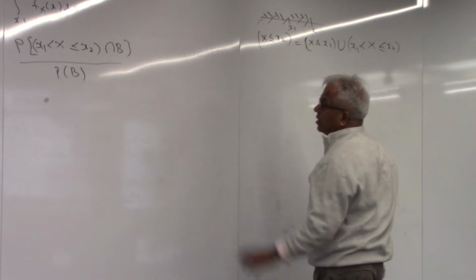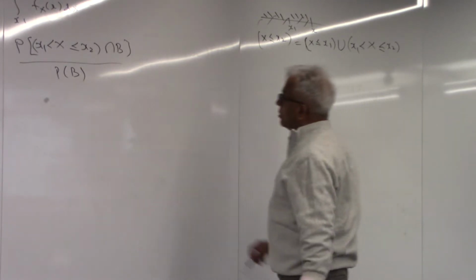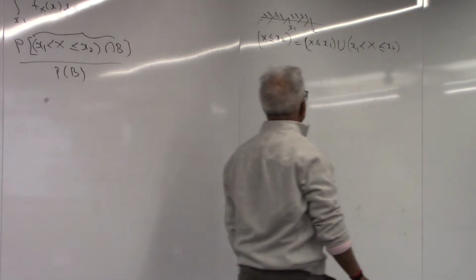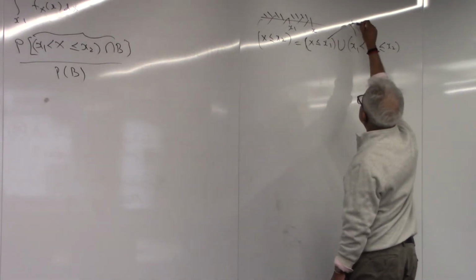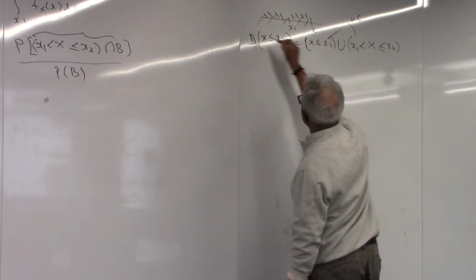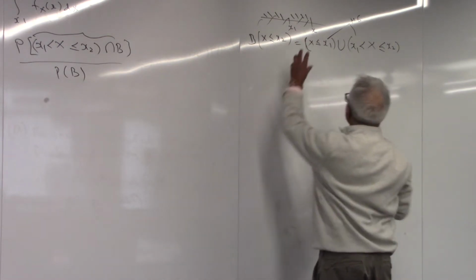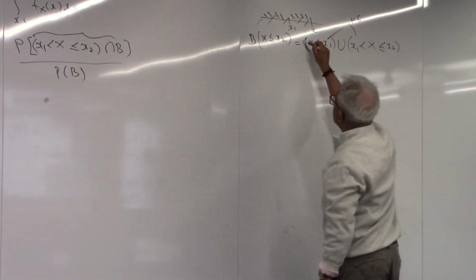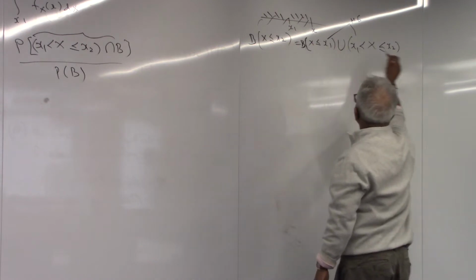So now if I intersect it with B, because I want to compute this quantity, these two are mutually exclusive. Now I'm going to do intersection with B here. That will be intersection with B, but this is a union like a sum, so there will be a B here and a B here.